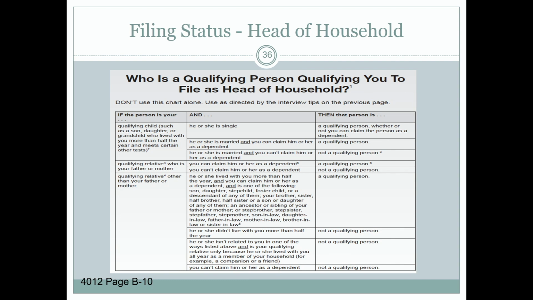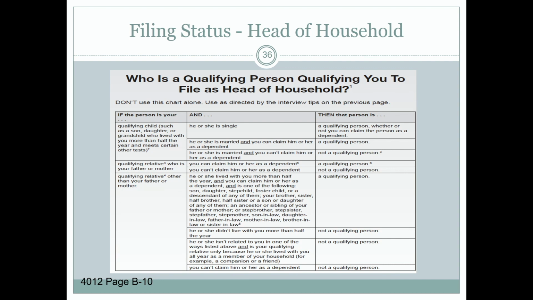The next little section in the middle of the chart there, this qualifying relative, if he or she did not live with you more than half of the year, they don't qualify you for head of household. If they are not related to you in one of the ways that was listed above, they do not qualify you. And if you cannot claim them as a dependent, then they don't qualify you for head of household.